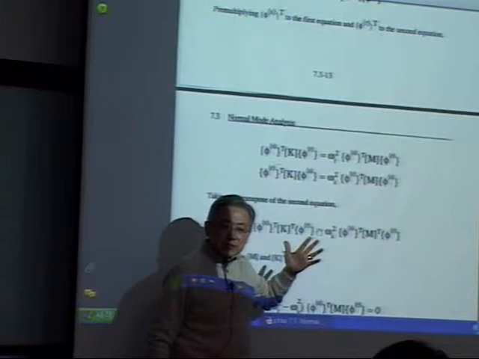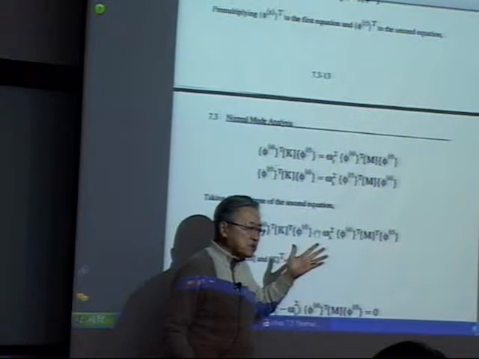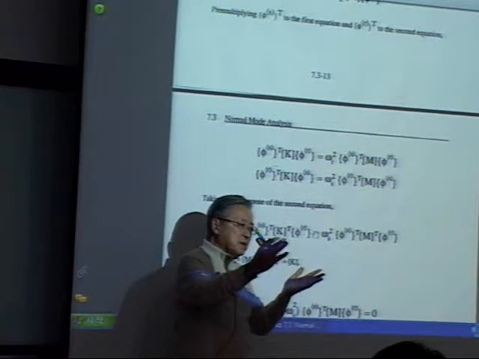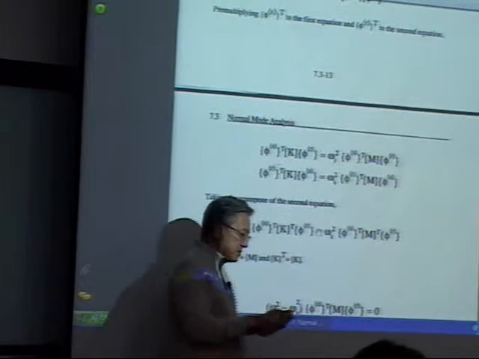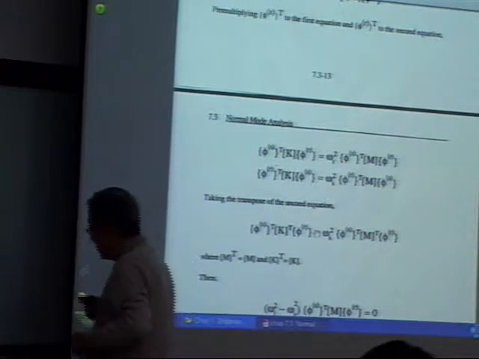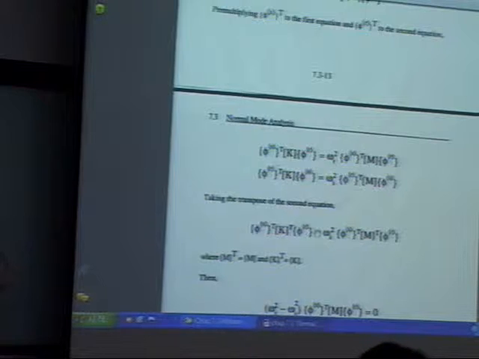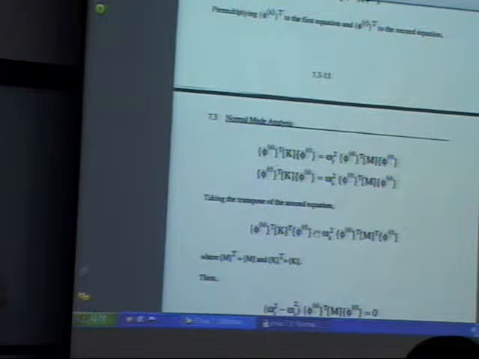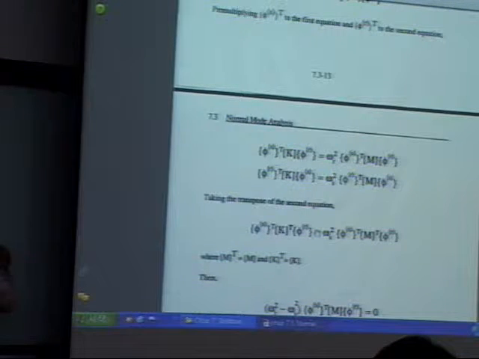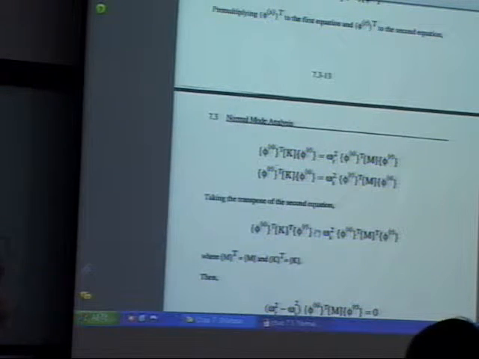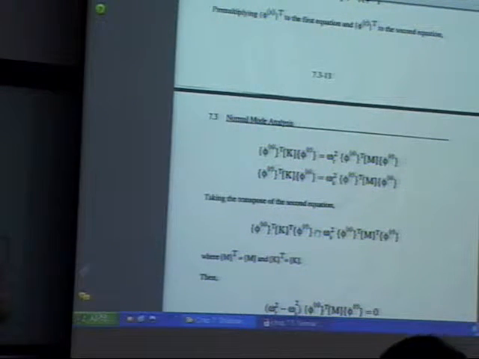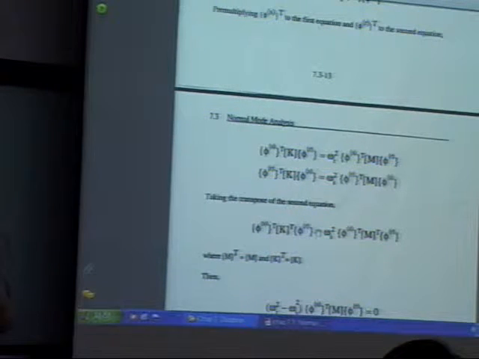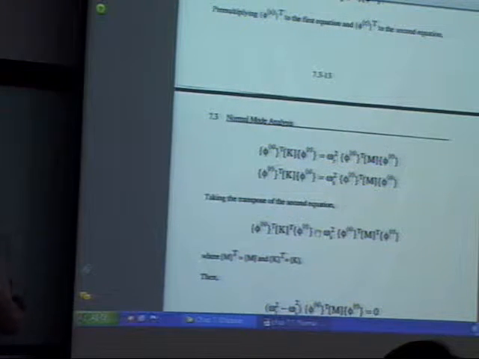Transpose twice. What does transpose mean? If you have a phi matrix and you are dealing with phi ij, then when you take the transpose, you will end up having ji.